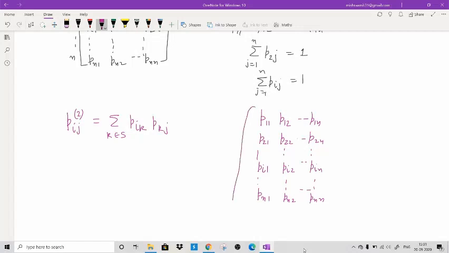So this is your matrix P. Similarly, you can write down again this matrix P11, P21 and Pi1, Pn1. Now there will be a Pk1, Pk2 and Pkj.